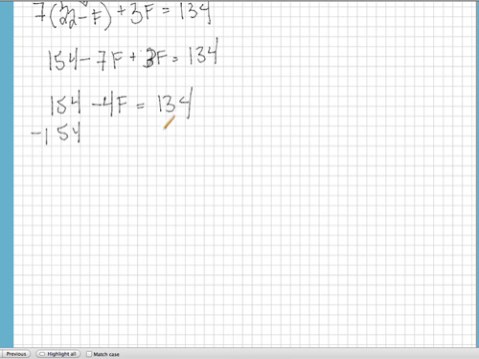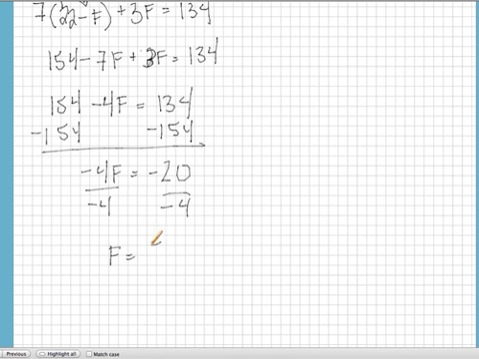Subtracting 154 from both sides, I get negative 4F is equal to negative 20. Let's divide both sides by negative 4 so that I get F is equal to 5. So it looks like during the season, this team scored 5 field goals, and that'll be your final answer.